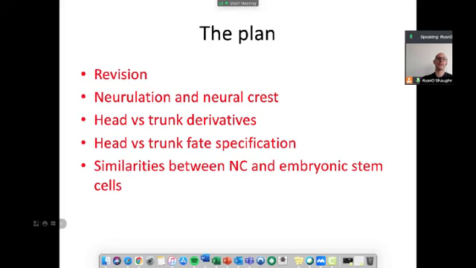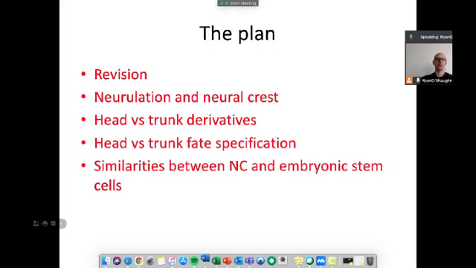At the edge of the neural plate, we get neural crest cells that then sit on top of the neural tube, and then these can migrate to a number of tissues in two waves of migration. The first wave being a primary wave where they migrate and form many of the dorsal root ganglia and tissues of the head. And then we have that secondary route where we produce the melanocytes.